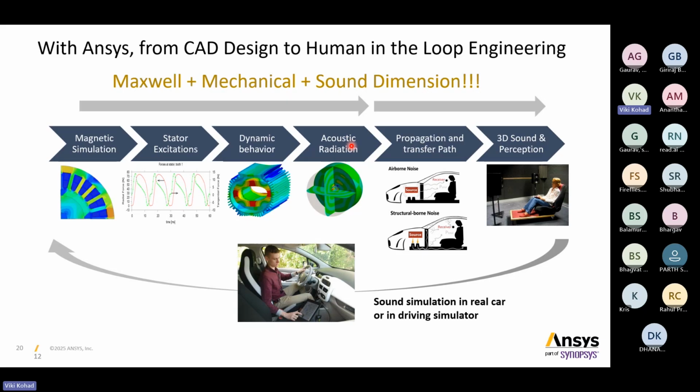So first I do the magnetic simulation, then see how the stator excitations are, calculate the radial force values, then do the dynamic behavior with the acoustic radiation, transfer those paths, and see how the sound is actually perceived.